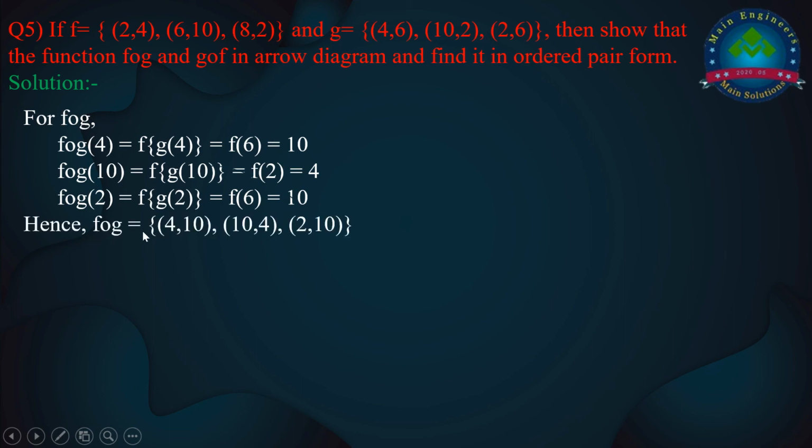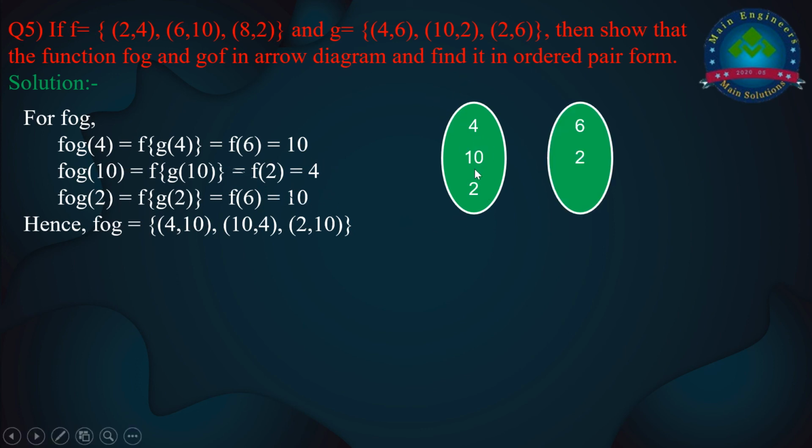Hence we can write f of g is equal to {(4, 10), (10, 4), (2, 10)}. We can also show this in the map. Our first set will be 4, 10, 2. Another is 6, 2, 6, that means 6 and 2. And the final is 10 and 4.